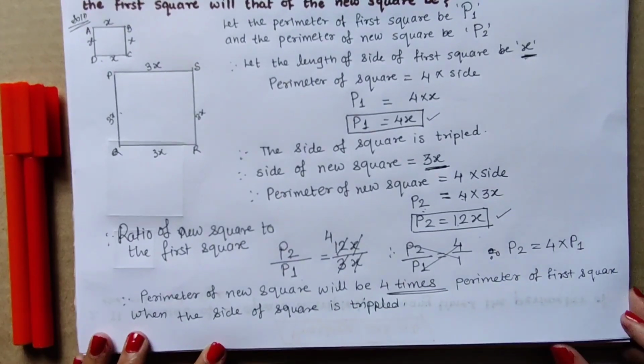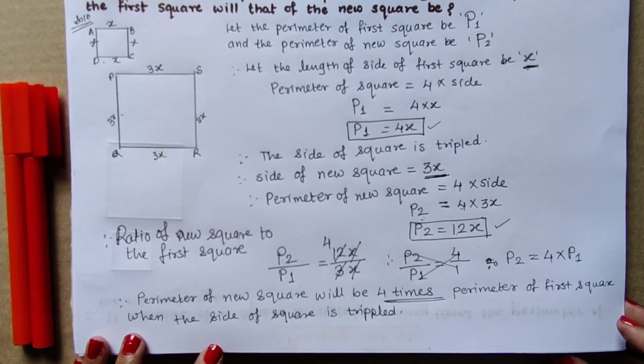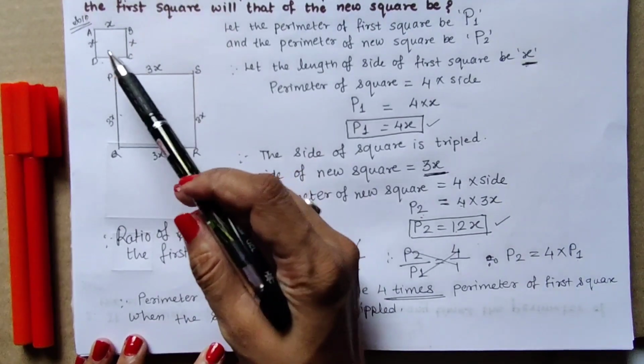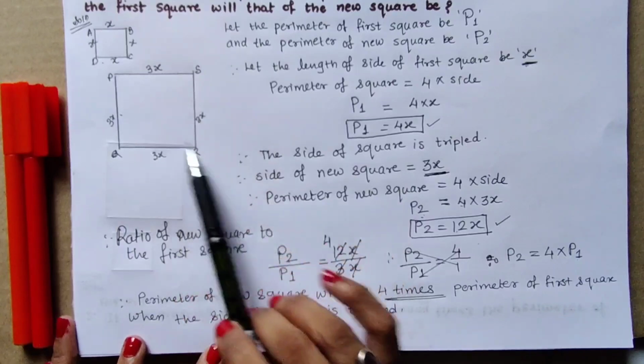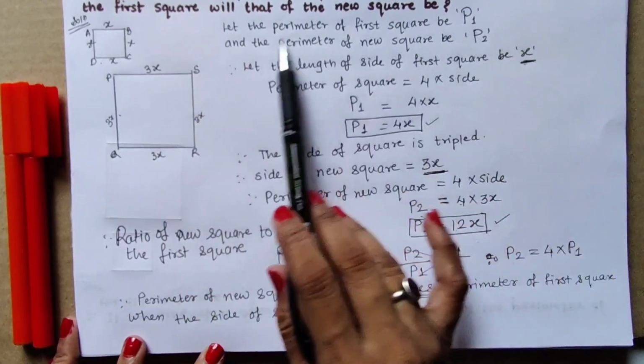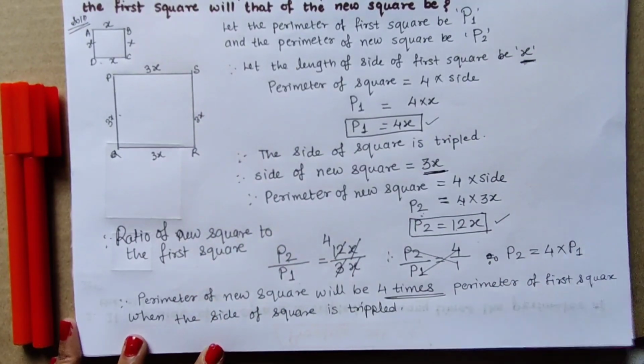In this way we have to write the answer statement and this full solution. See children, these diagrams we are drawing only for reference. It is not needed in the solution. You can directly write the solution in this way.